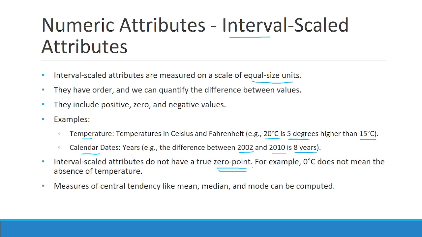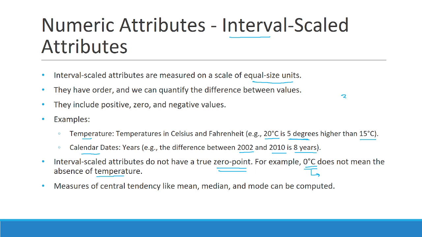Okay, so now what is meaning of this true 0 point? See, for example, 0 degree Celsius does not mean the absence of temperature. What this 0 degree Celsius mean? 0 degree Celsius means the temperature is very less. Getting the point? It does not mean that temperature is not present.